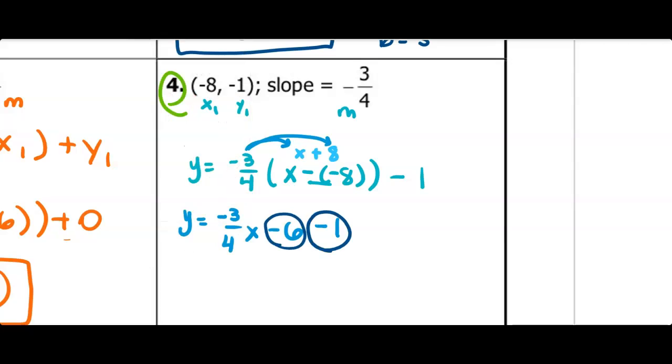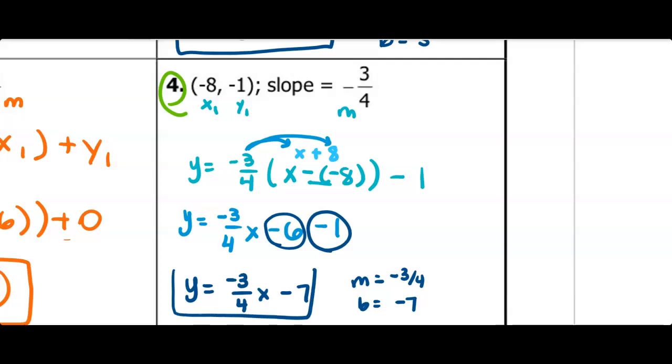Combining my like terms, I see that I have -6 and -1, which brings me deeper into the negatives to -7. So my slope, again, is -3/4, which we saw from the beginning, with a y-intercept of -7. So we can see that our equation is y equals -3/4 x minus 7.